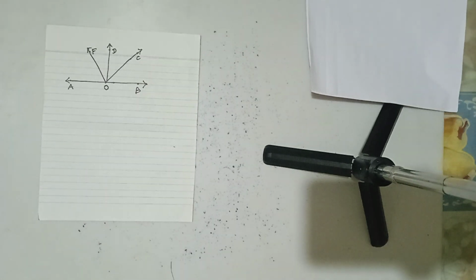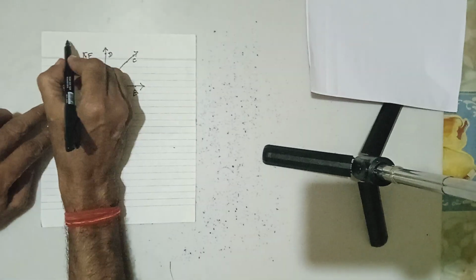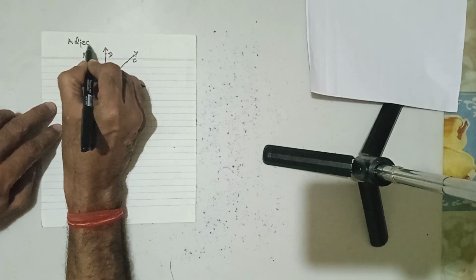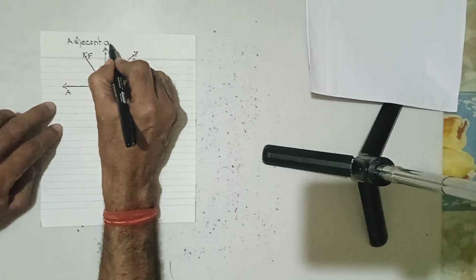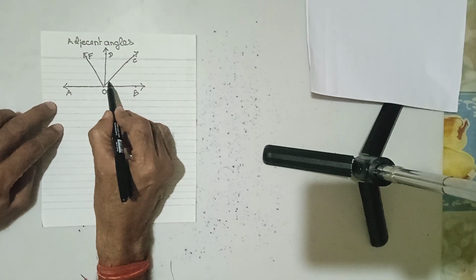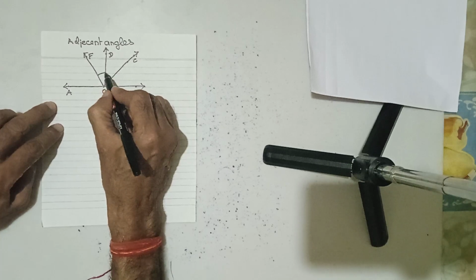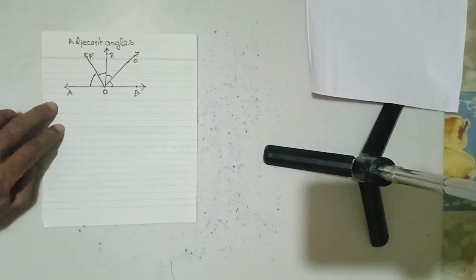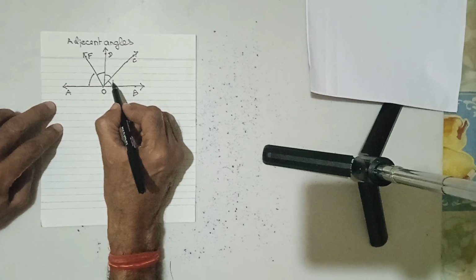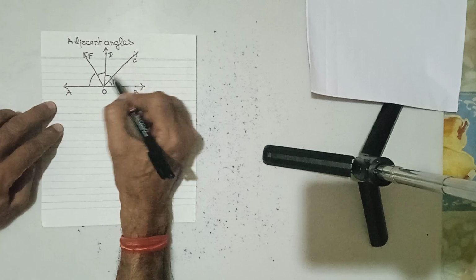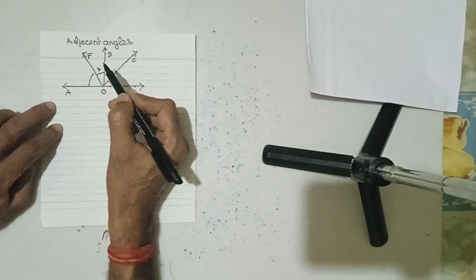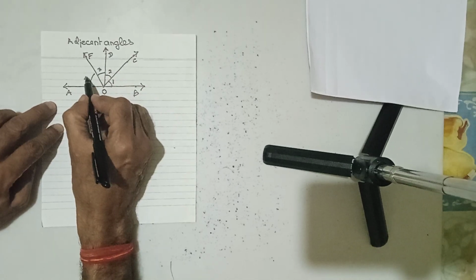Now we will see what are adjacent angles. Here four angles are formed. We can name them as angle BOC, or in short let it be 1. Angle COD let it be 2. Angle DOF let it be 3. And angle FOA let it be 4.